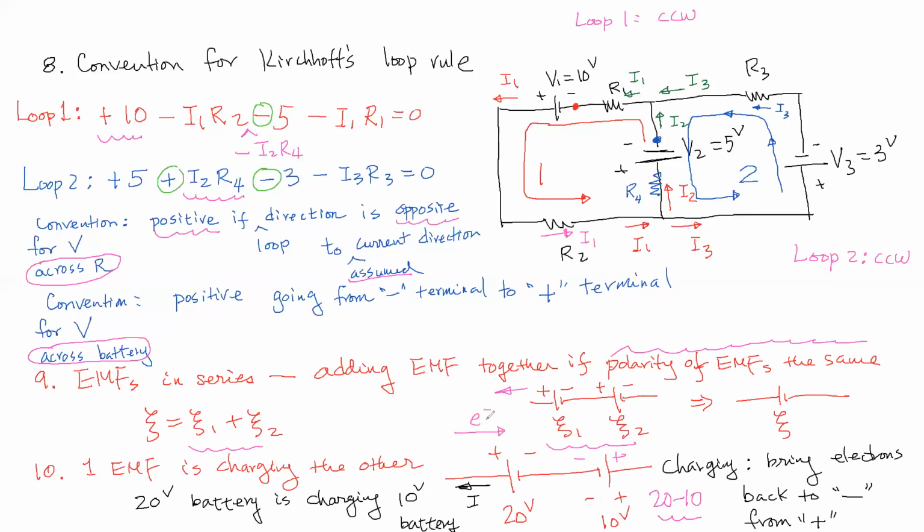So if I close a loop, I'm bringing the electron from the positive back to the negative, right? So the electron will be going this way, going out this way and coming back to this side here. So my electron is back to the negative terminal for this one. So the 10 volt battery is getting charged by the 20 volt battery. Okay, so we will continue.